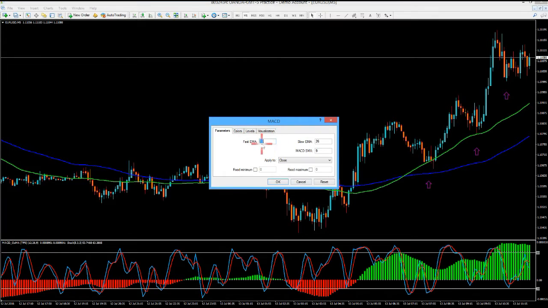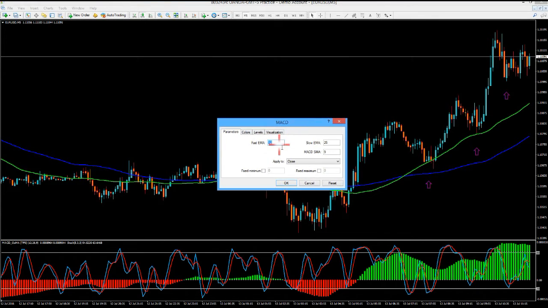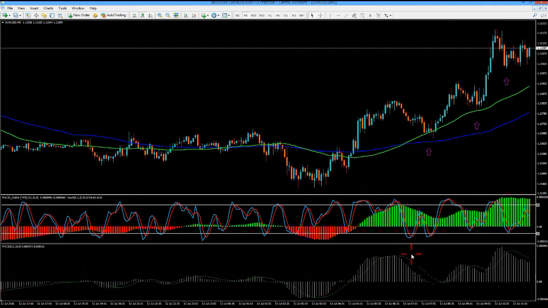This is the standard MACD that MetaTrader includes. Fast EMA, set it up to 12. Slow EMA, 26, and 9 for the MACD SMA. Click OK, and as you can see, it's pretty much the same, just the colors are different and the bars are thicker, easier to see. So the colors make it easier to identify where the trend is going.